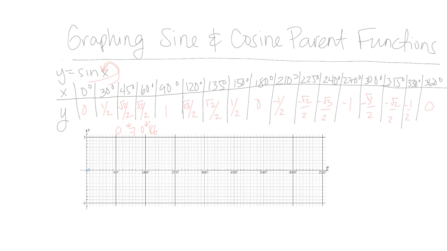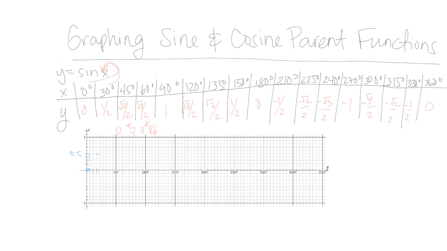So 1, 2, 3. And then the y-axis is going by tenths. So the fifth one up would be 0.5, which is equivalent to 1/2. So 1, 2, 3, 4, 5, this is 0.5. So at 30 degrees, I have a point at 0.5.